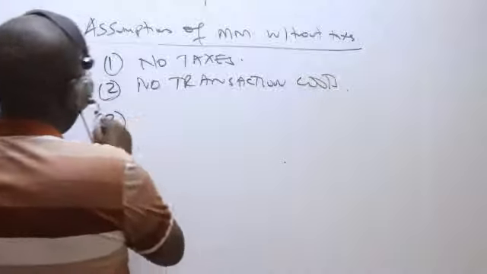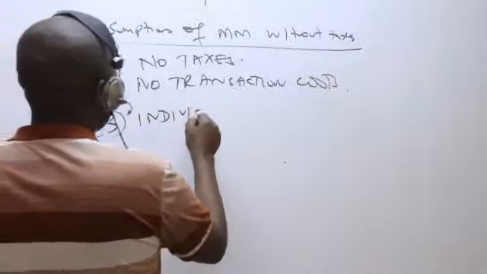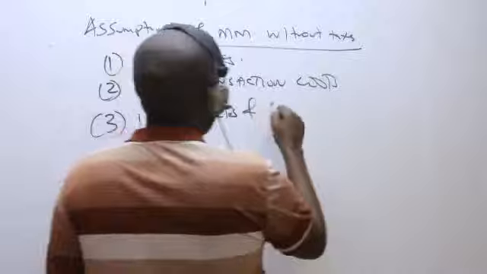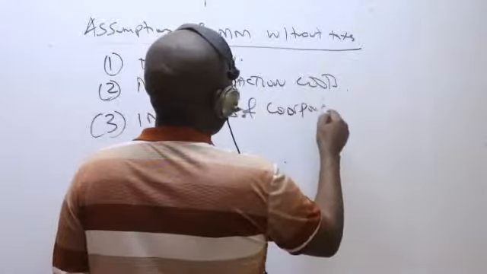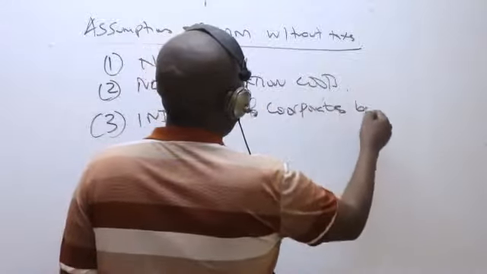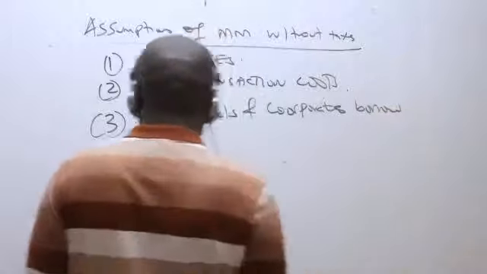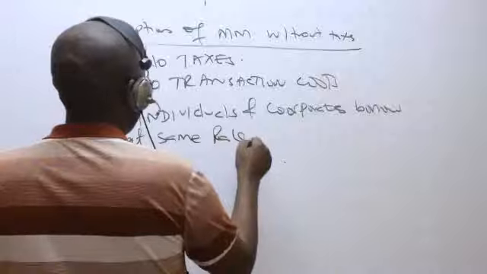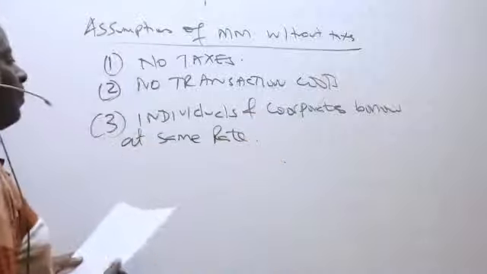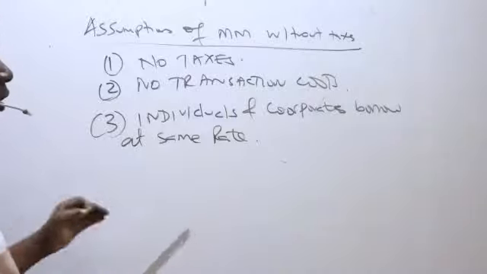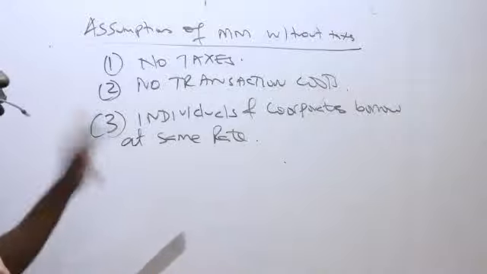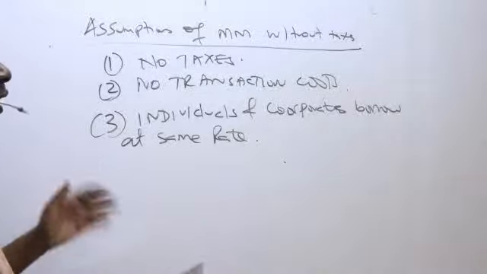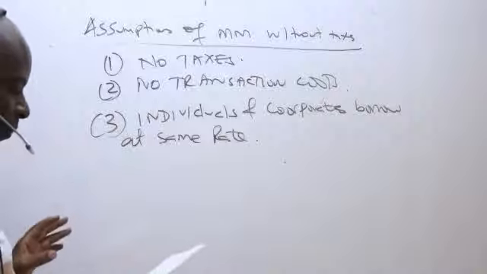Number 3, individuals and the corporates borrow at the same rate. Meaning that KD is known in advance and will remain constant for individuals and the corporations.